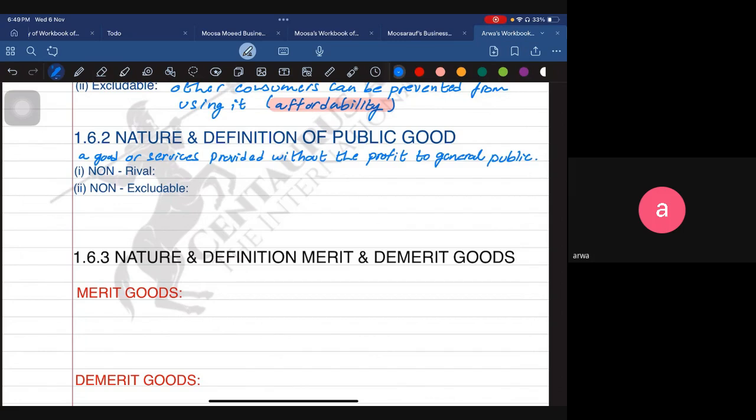Let's suppose it's a public park. It is consumed by all. Your use of the park is not going to affect my use. I can also come and use it, right? In that way, it is not in limited supply. You understand that? So consumed by all, supply is not affected.